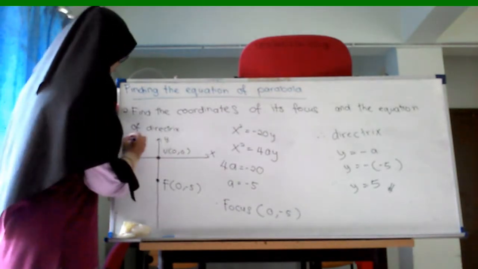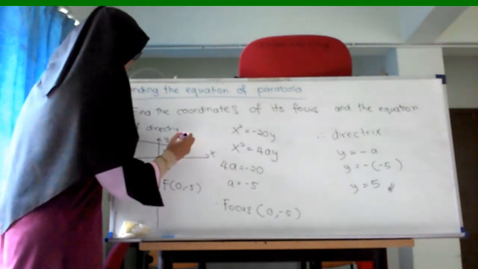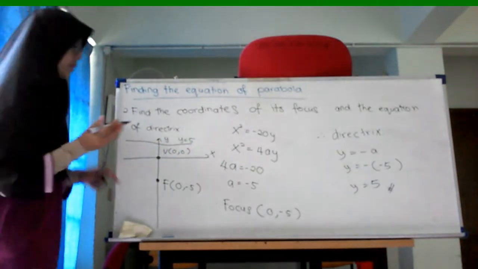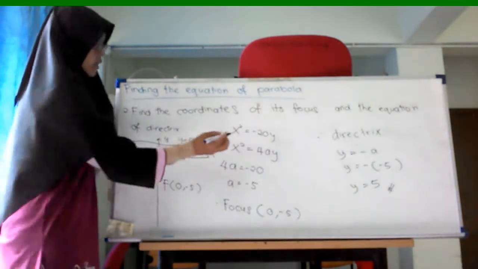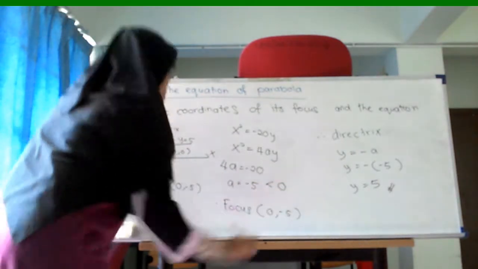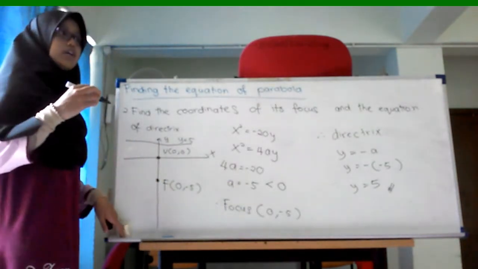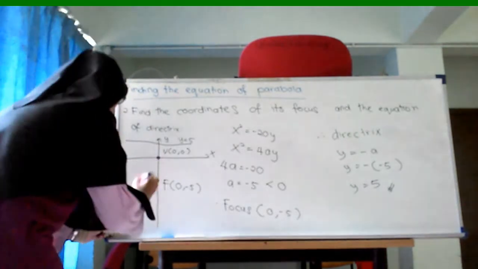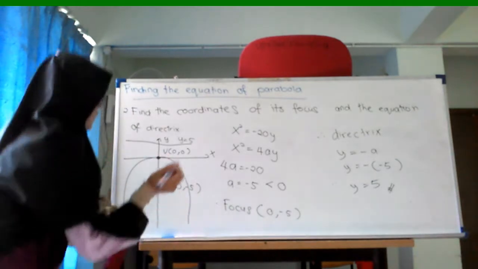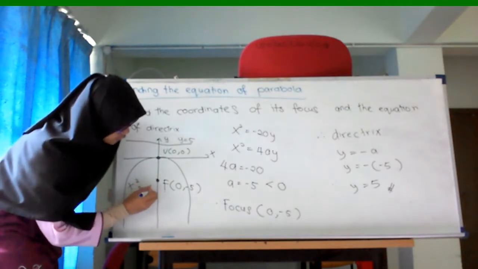For the parabola, since a is negative 5, which is less than 0, when a is less than 0, the graph will open down. This is the parabola x squared equal to negative 20y. Okay, this is the answer for the questions given.